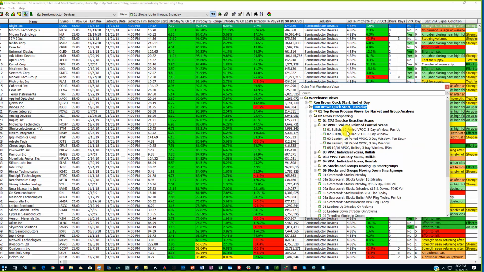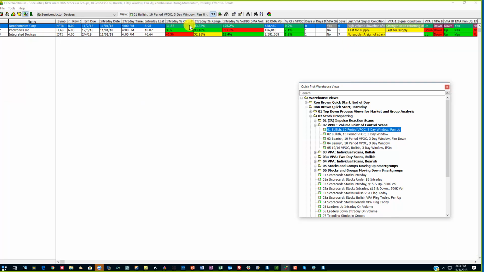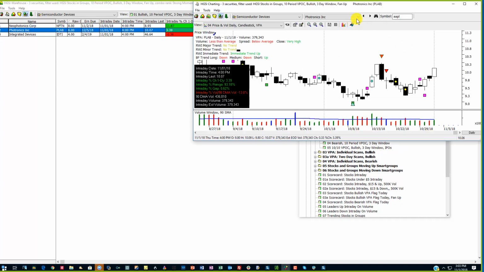This is a bullish 10-period volume point of control, which indicates when the bulls or the bears are in control of the stock based upon a 10-day period. It's a short-term indicator. This has the fan up. Look how many stocks in the semiconductors had a fan. In other words, where the fan is lined up.